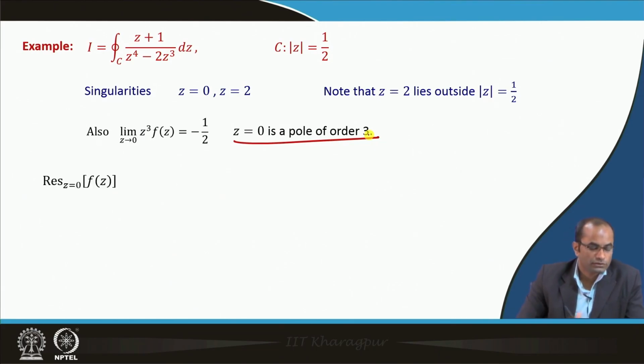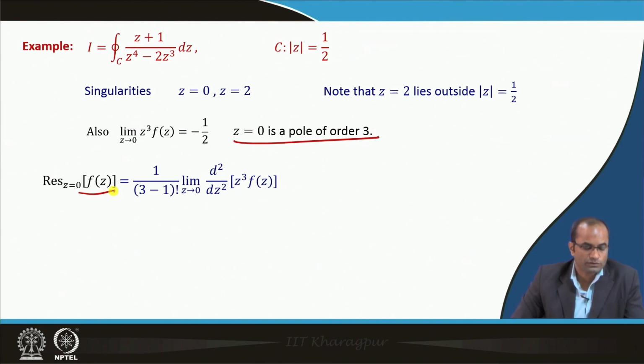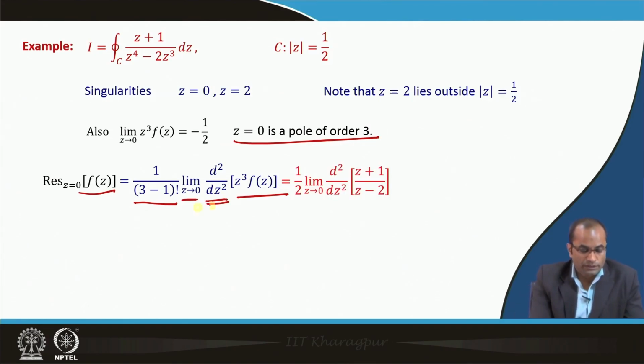And then we have to compute the residue for this pole, which is of order 3. So, the residue of this f(z) function at z equal to 0 will be with the formula which we have just derived before: 1 over (m minus 1) factorial. So, here 3 minus 1, and then the (m minus 1)th derivative, that is the second derivative, and then the limit as z approaches 0 of this function z cube f(z). So, here we have 1 by 2 and then this limit. The second derivative of this (z plus 1) over (z minus 2), that is the portion when we multiply this by z cube.